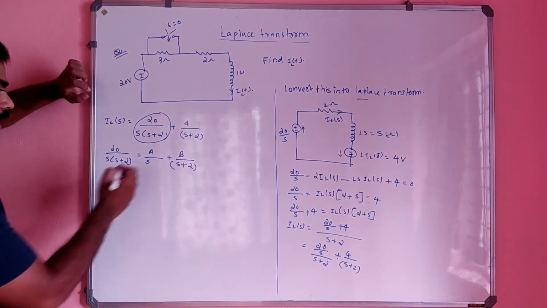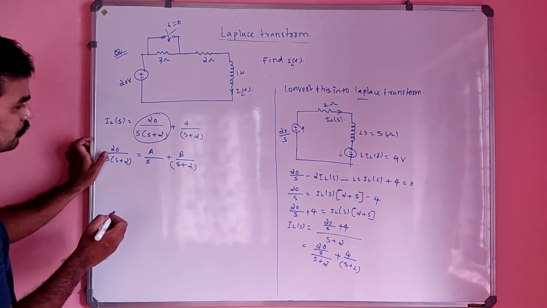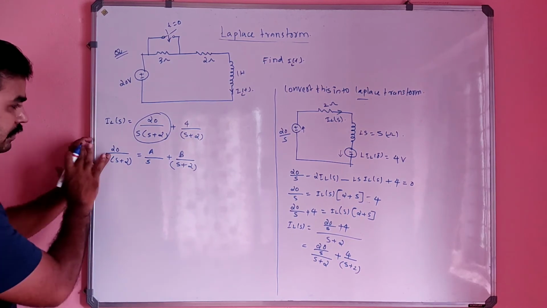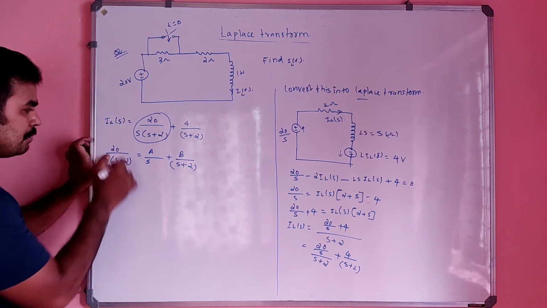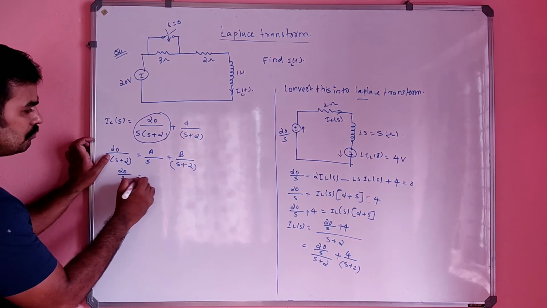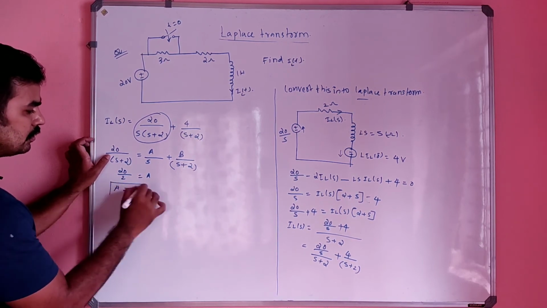In order to get the value of A, cover the section containing S, and in the remaining term put S equal to 0. So it will be 20 by 2 equal to A. So A will be equal to 10.